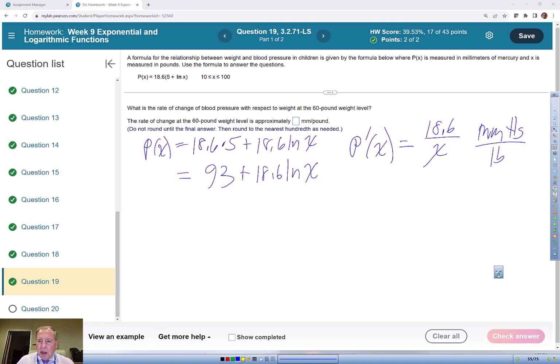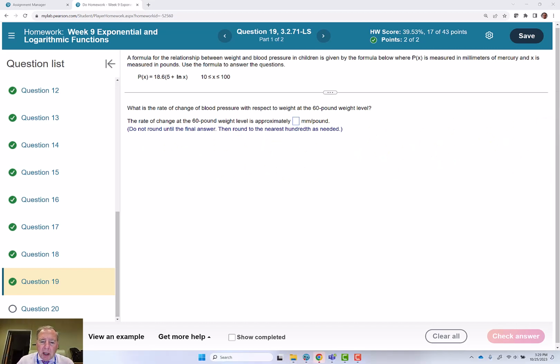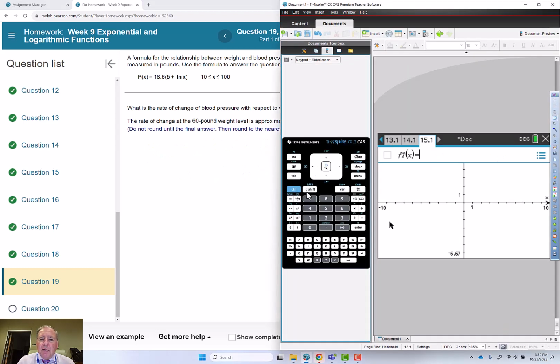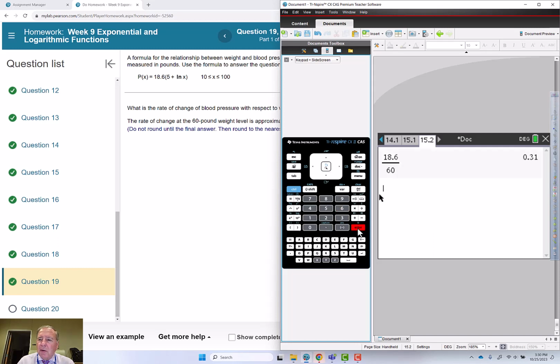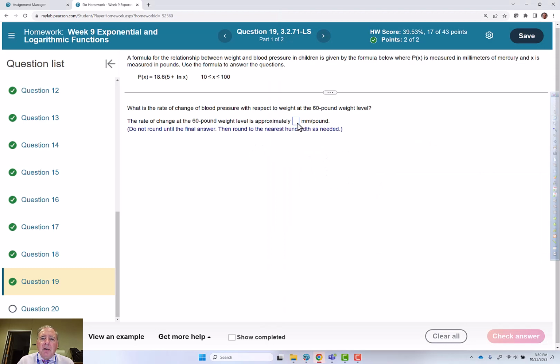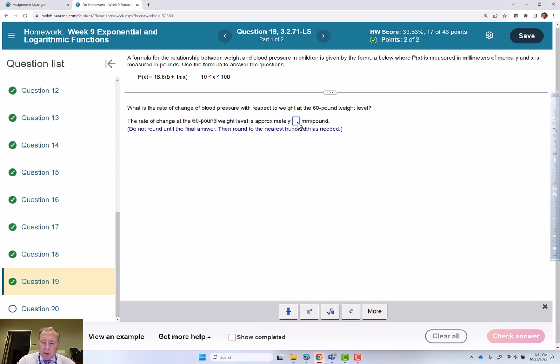And we can go to the calculator and get that. So I'm going to go to a calculator page and put in 18.6 divided by 60. There's already a decimal point in there, so I'll get a decimal answer, and we're supposed to round to the nearest hundredth, so 0.31.